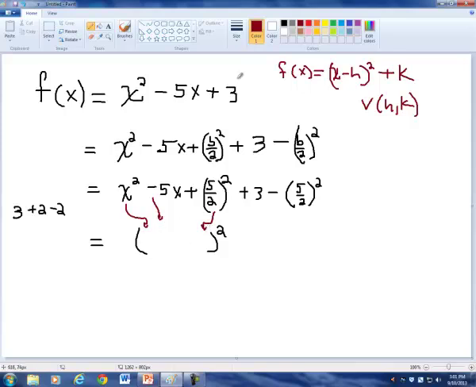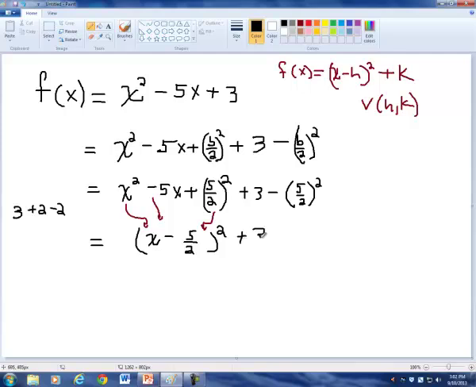So that's going to give us x, what's the sign going to be? Minus, and what do you think is going to go in here? Okay, you should have said 5 over 2. So we're not squaring that, right? We just drop that right down in there. And it does the same thing as when we're using completing the square.